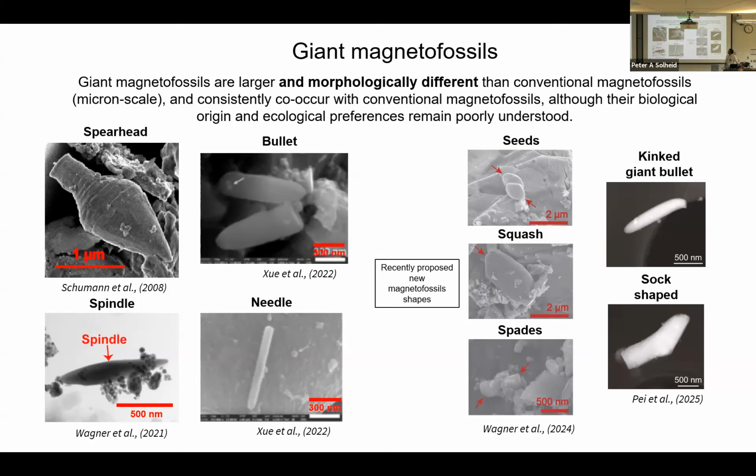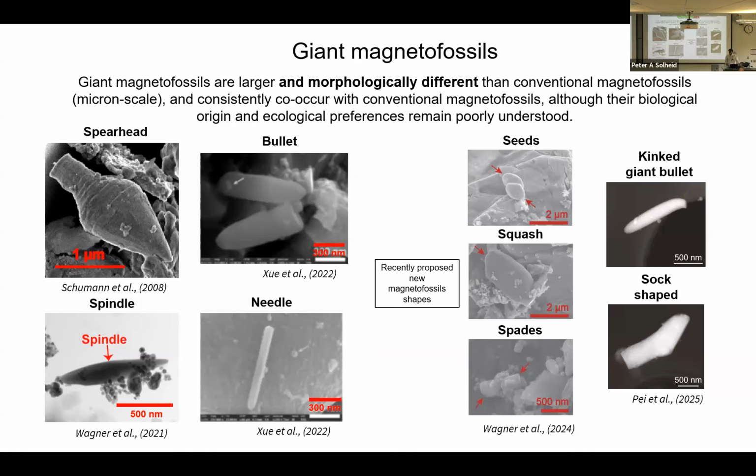First is a spearhead shape, then bullet, spindle, and needle, and all these are of magnetite composition. Recent studies have proposed new shapes that are seeds, squash, spades, and more recently, king, giant bullet, and sock shape. All these are of magnetite composition.